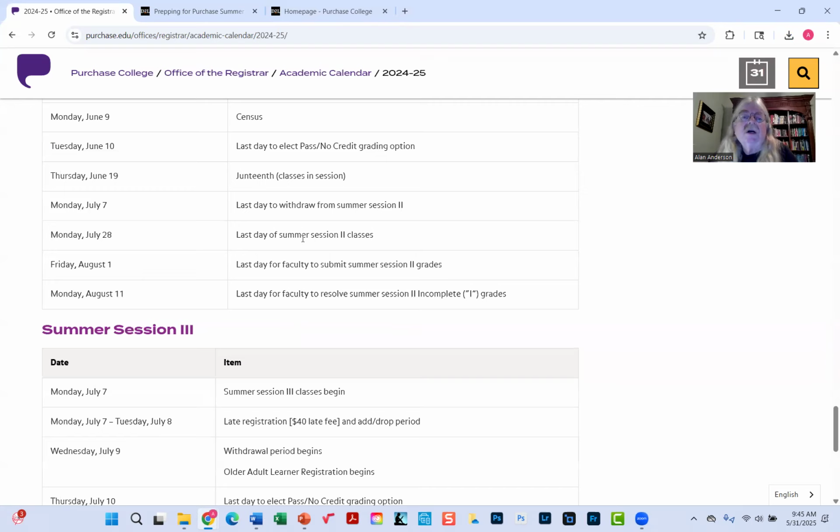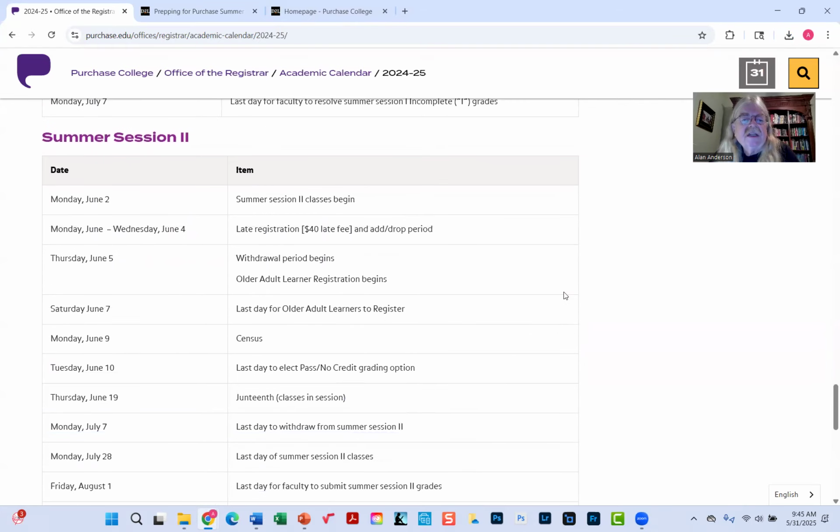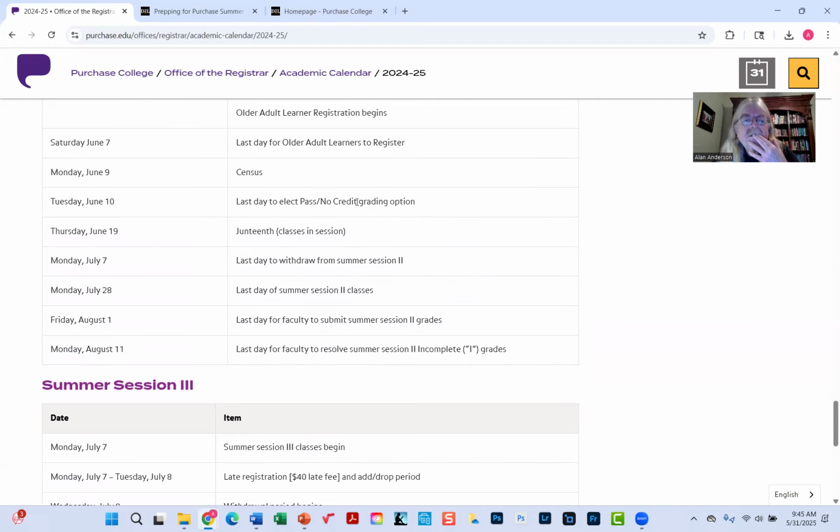Okay, so you've got 8 weeks, and there's other important dates in here too. For example, if you realize that you can't really do this class, you can still withdraw. I guess they'll give you your money back. I don't know anything about that side of it. You could, in principle, ask to take this class on a pass, no pass basis, but I don't know if that means that you'll get credit for it at your school.